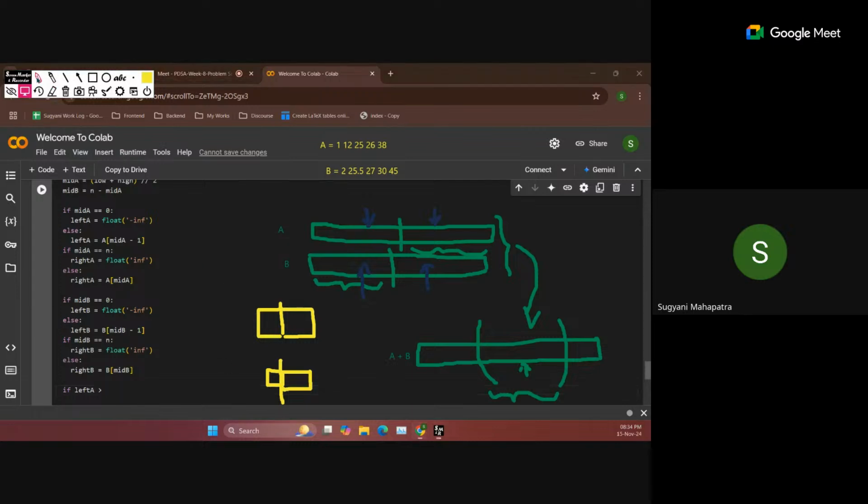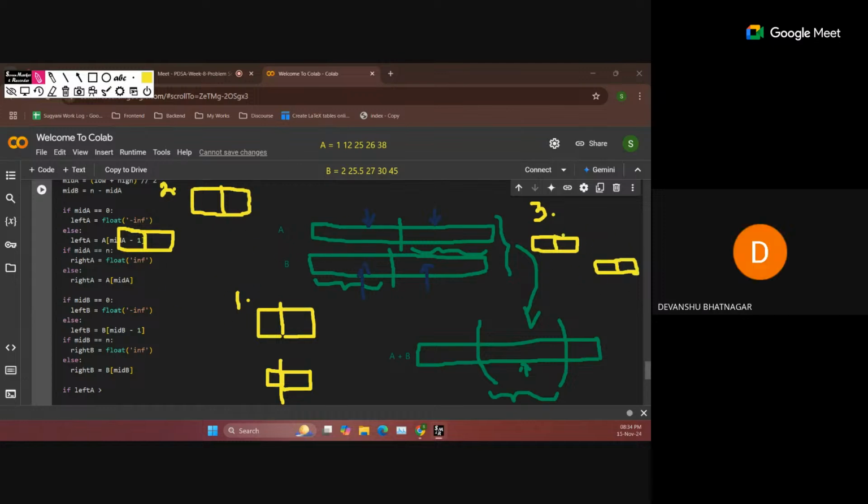This is my left of A, right of A, and my left of B and right of B is over here. This is the second scenario where this first thing is shifted slightly. And the third thing will be this is my left of A, right of A, and for B it has shifted slightly to the right.